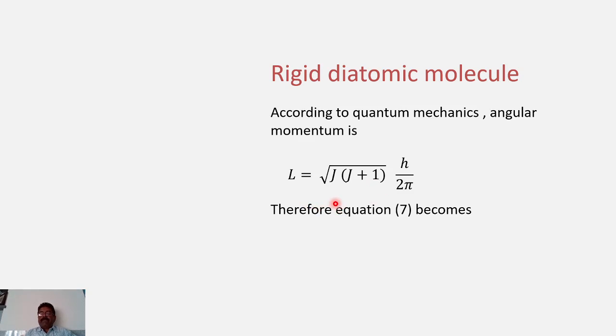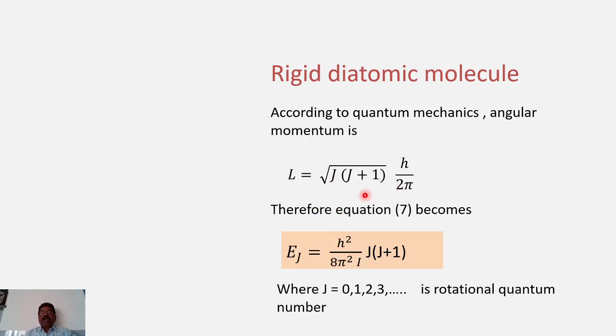L square will be J in bracket J plus 1 into h square upon 4 pi square. Dividing by 2I, it will be h square upon 2I into 4 pi square, so 8 pi square into I, and J in bracket J plus 1.